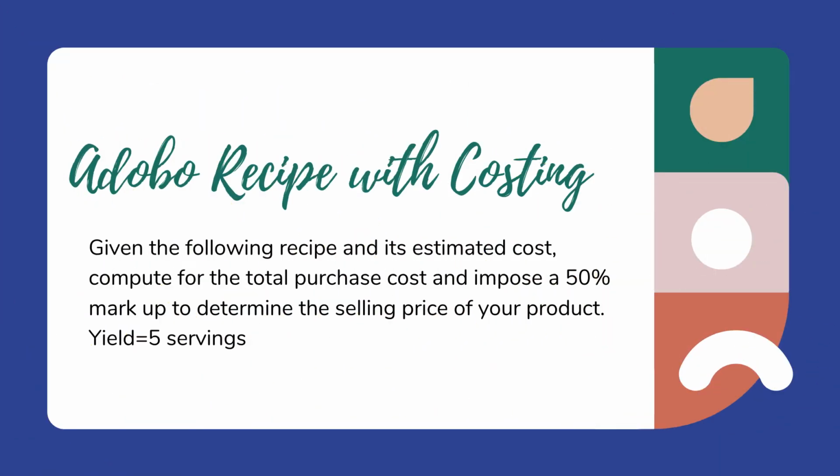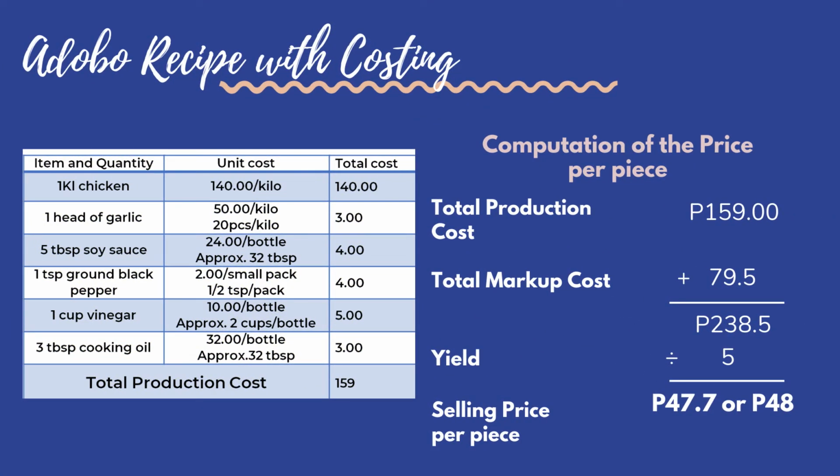Adobo recipe with costing. Given the following recipe and its estimated cost, compute for the total purchase cost and impose a 50% markup to determine the selling price of your product. Yield is 5 servings. One kilo chicken is 140 pesos per kilo, and that will be 140 pesos.